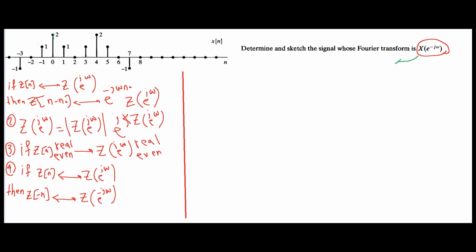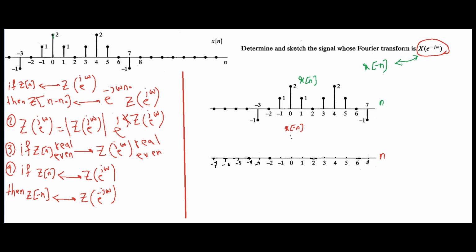Therefore, to find the inverse Fourier transform of X(e to the power minus j omega), we simply need to find x[minus n]. To do this, we reverse the time axis of x[n].